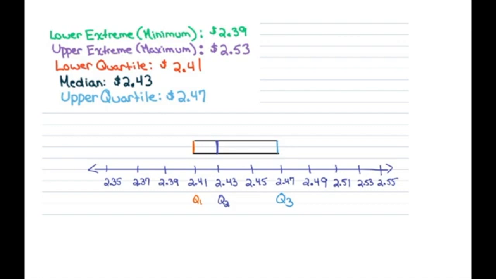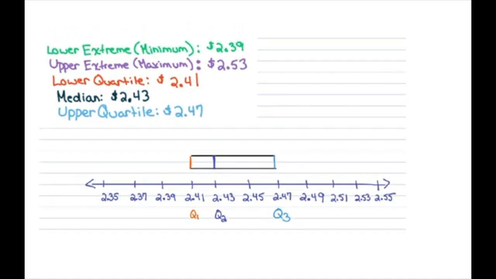The first thing that I've chosen to plot is my median, which is represented by that purple line. And that would also be known as Q2. Then I found Q1, represented by that orange line, $2.41, and Q3, represented by the blue line, $2.47. So remember, this is where 50% of my data lies.